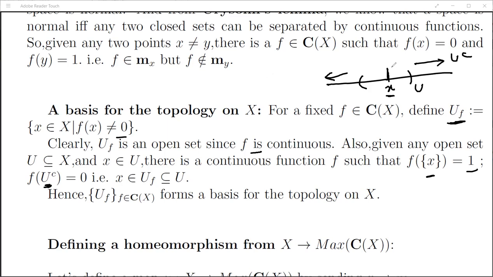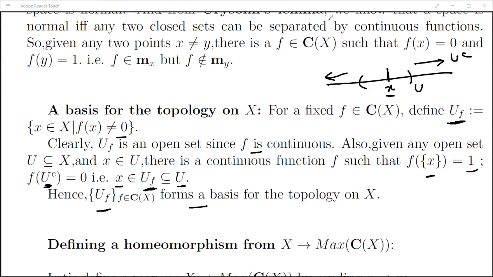So obviously U_f is contained within U because outside U, f vanishes. We have produced f like that using Urysohn's lemma. So for every point X and every open neighborhood U, you can find another neighborhood U_f which lies within that. So that again shows that this collection U_f actually forms a basis for the topology on X.